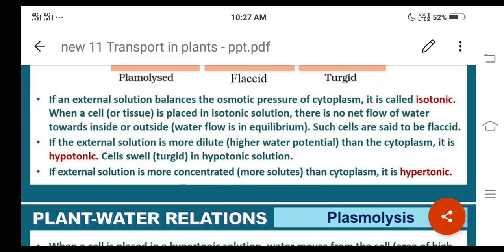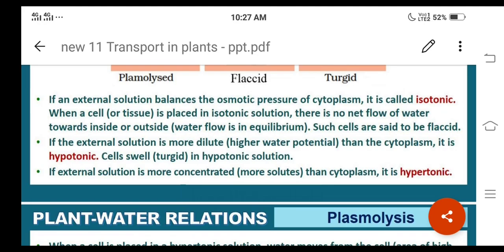One more solution is called the hypotonic solution. Hypotonic solution means that if the external solution is more dilute, it will have higher water potential than the cytoplasm, and it is said to be hypotonic.